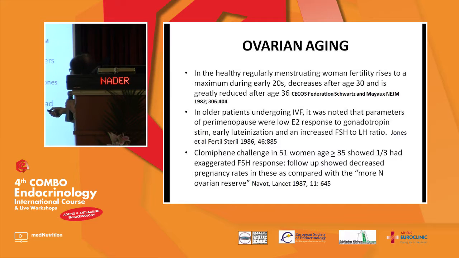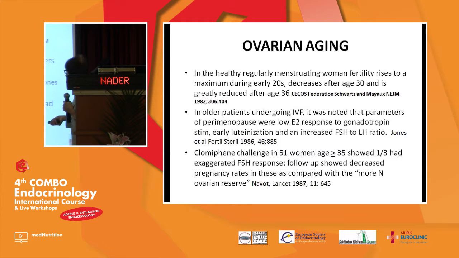And what they observed, and they wrote this up in a paper in 1986, is that in older patients undergoing in vitro fertilization, the parameters of perimenopause were low estradiol response to gonadotropins, early luteinization, we didn't even have Lupron or leuprolide in those days, and an increased FSH to LH ratio. These were the hallmarks, if you like, of early aging.